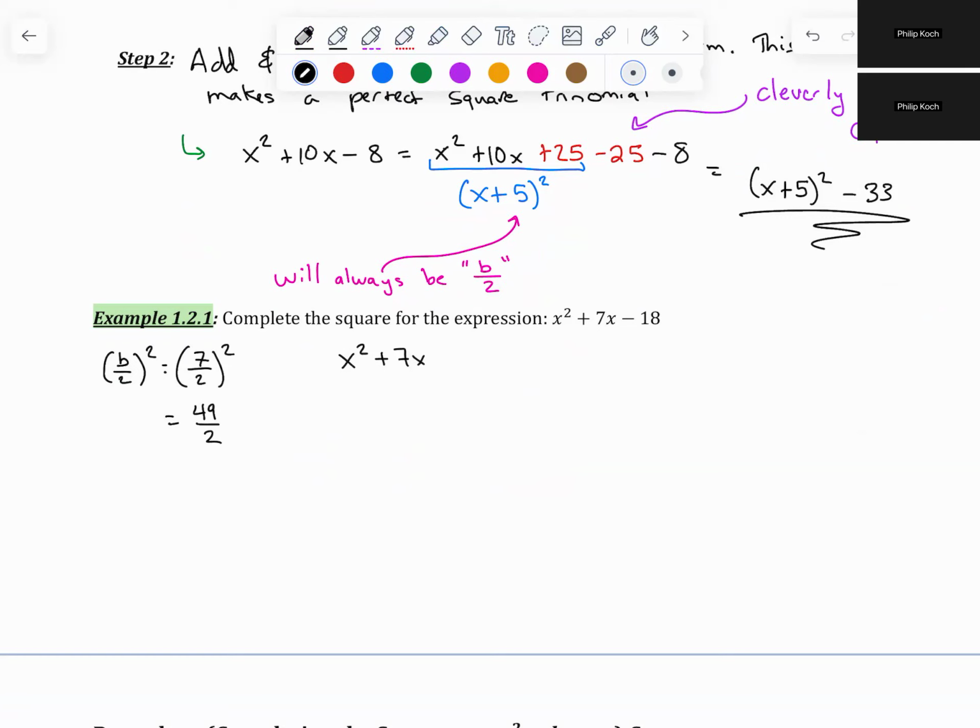After the bx term, add your b over 2 quantity squared and subtract it immediately afterwards. So plus 49 fourths minus 49 fourths minus 18. And so this is the reason why I recommend knowing that trick. Yes, 49 fourths, 49 fourths. Sorry, guys.